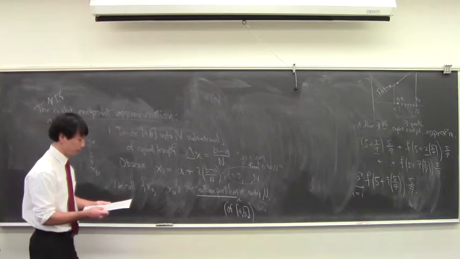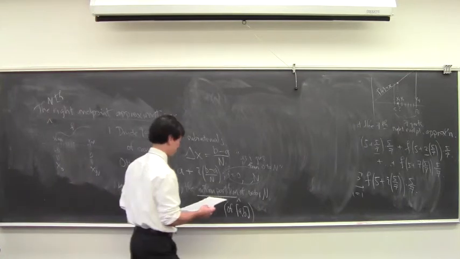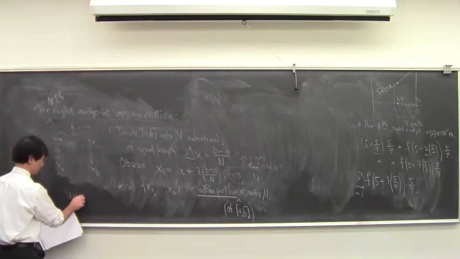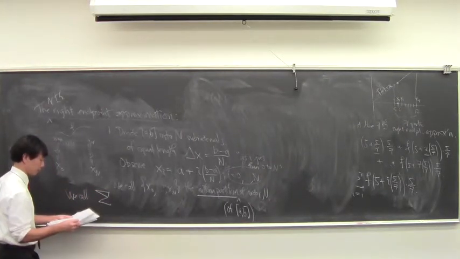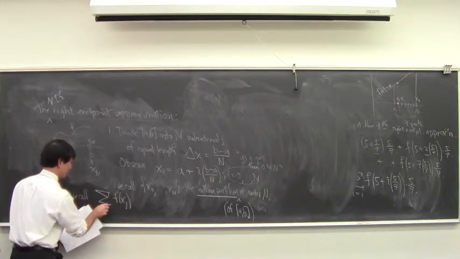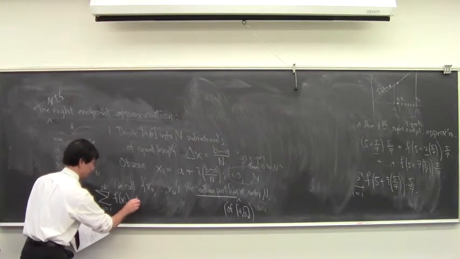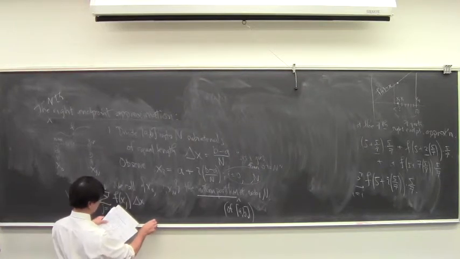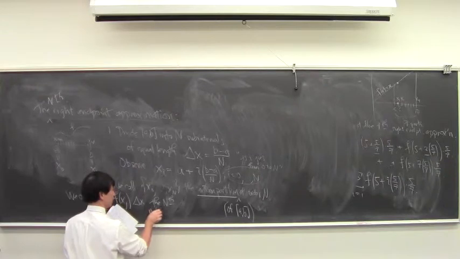So then, going to write it down here. We call the sum of f(xj) delta x, as j goes from 1 to n, the nth right endpoint approximation.